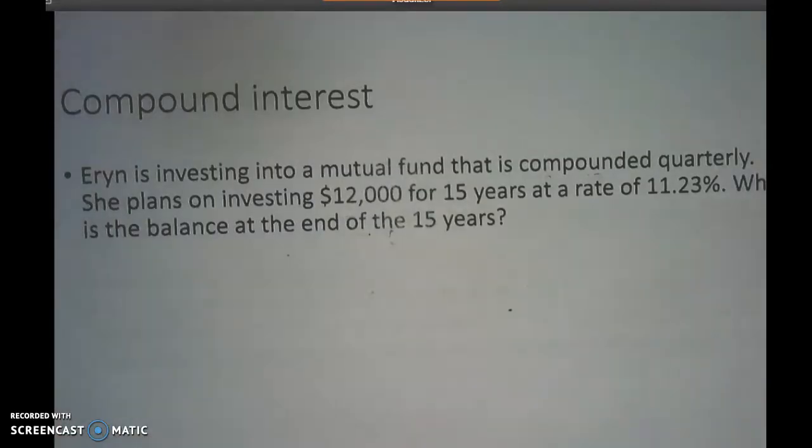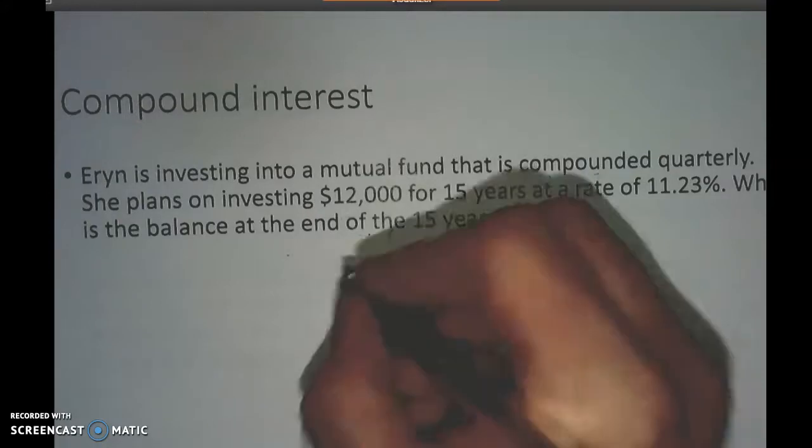Okay, compound interest. Erin is investing into a mutual fund that is compounded quarterly. She plans on investing $12,000 for 15 years at a rate of 11.23%. What is the balance at the end of 15 years?